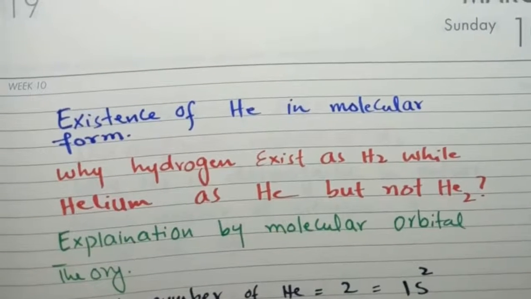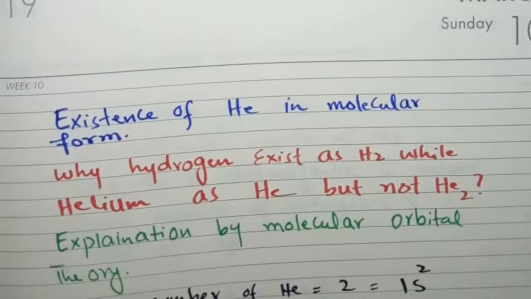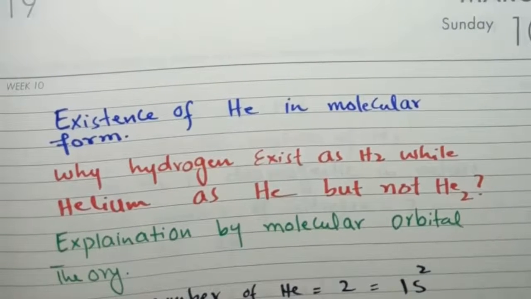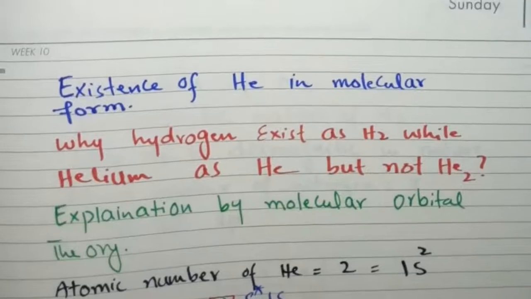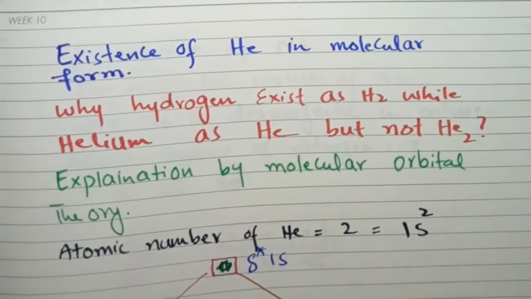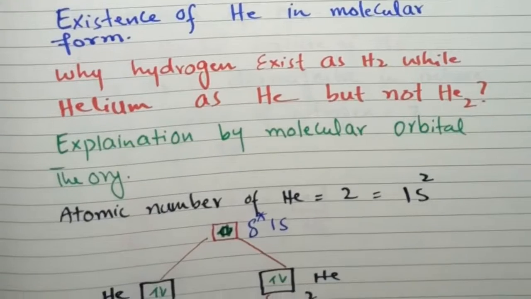The question is normally asked in the paper: explain the existence of helium molecule in nature, or why helium cannot exist in nature as He2, why hydrogen exists as H2 while helium exists as He but not as He2.